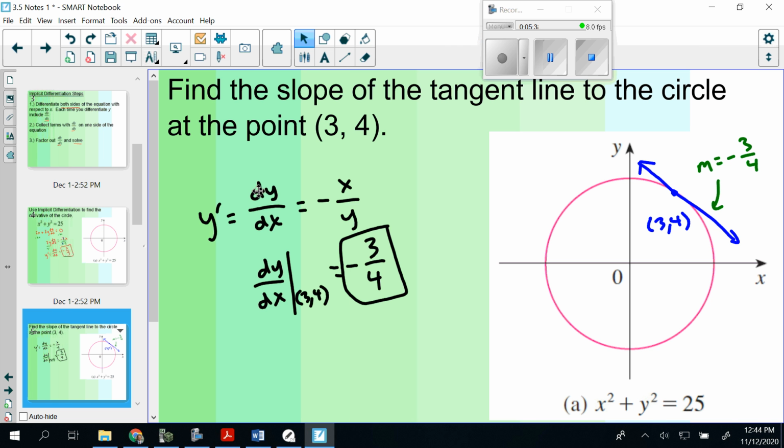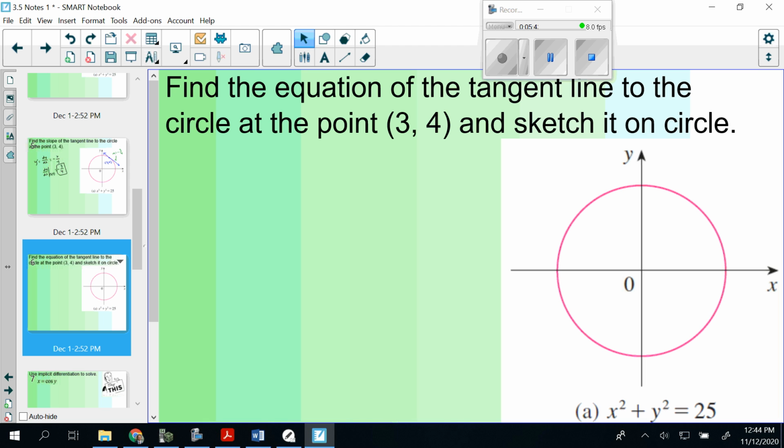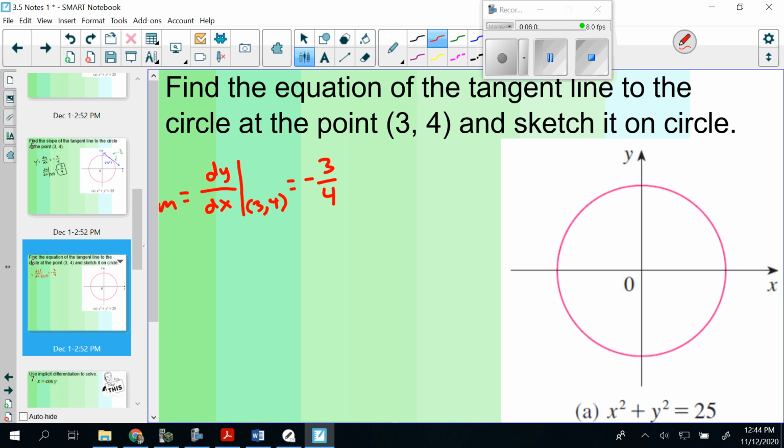Now, you might get asked follow-up questions such as this: find the equation of the tangent line at that same point, and also sketch it on the circle. If you already know that our slope at (3, 4) comes out to be negative 3/4, that's our slope here.